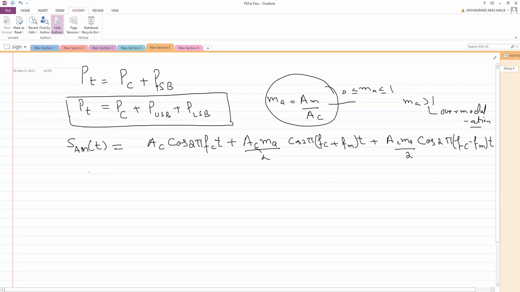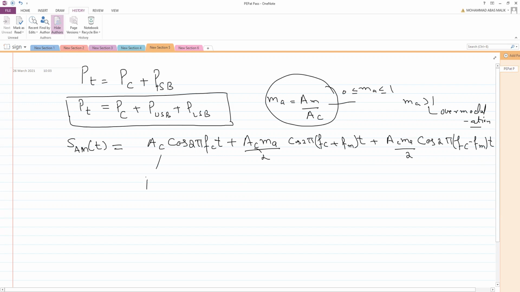This is your standard form of equation for amplitude modulation. So now you can just write this in terms of power values.